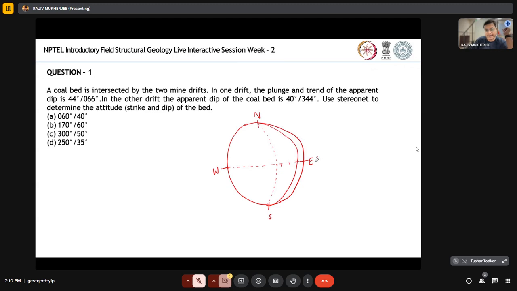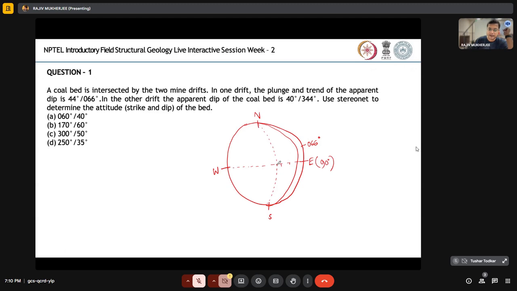So if this is 90 degrees, 066 means it is somewhat lesser. Yeah, right. So this seems an accurate estimation of 066 on the stereonet, right?